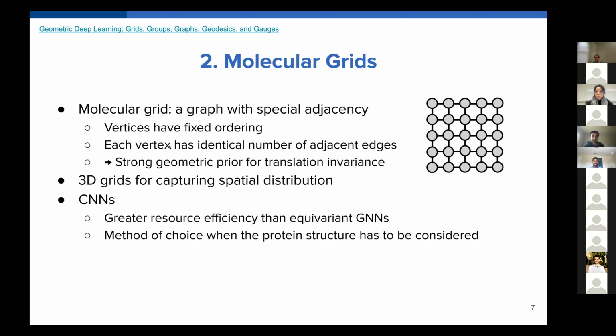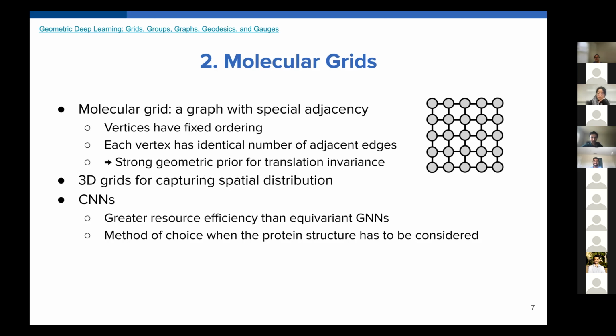From these properties, we know that we have a strong geometric prior for translational invariance. Just like graphs, grids can come in 2D or 3D. Generally speaking, 2D grids are usually used for visualization purposes rather than prediction, and we usually use 3D grids to capture the spatial distribution of molecules.